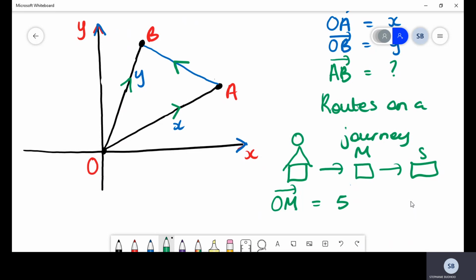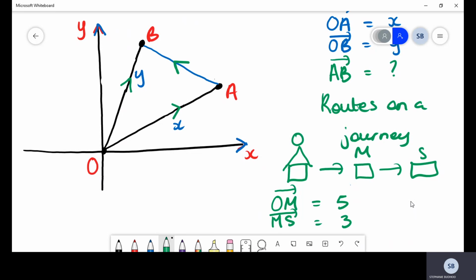Then if I told them about my journey continuing from the mall, we'd have M towards S in that direction, and let's say that distance was 3 miles. So we took two routes, from home to the mall and then from the mall to school.